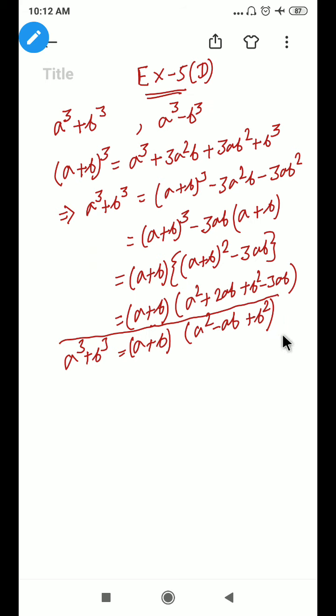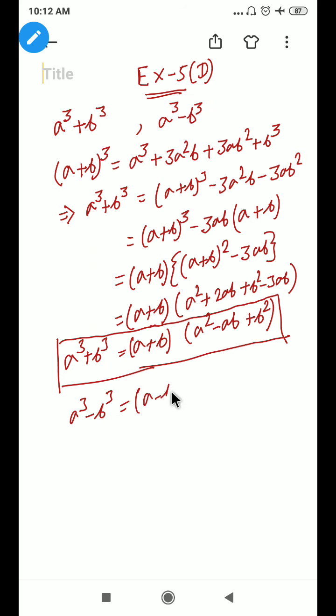This is our first formula. In a similar way you can show that a cube minus b cube is equal to (a minus b) times (a square plus ab plus b square).